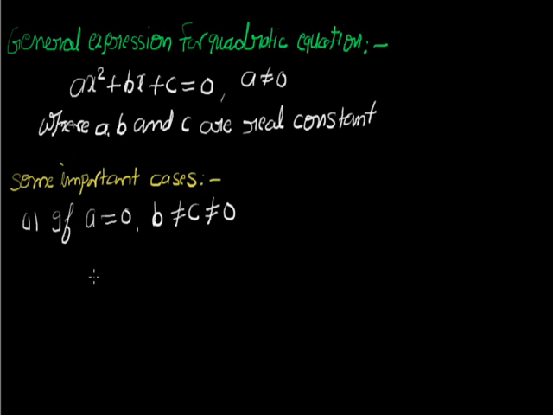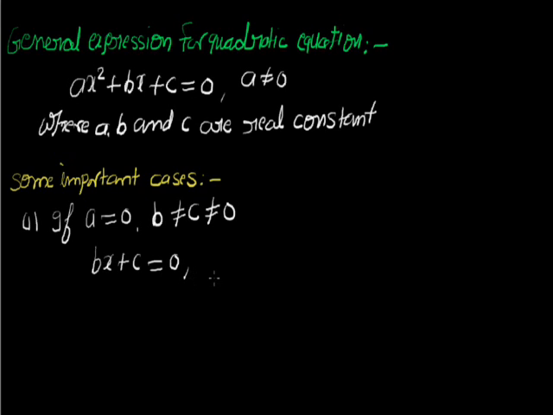If the value of a is equal to 0 but the values of b and c are not equal to 0, then what will happen? If we put these values, this equation will convert into bx plus c is equal to 0. Now here the coefficient of the highest term is equal to 0.